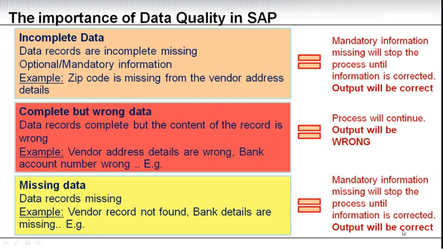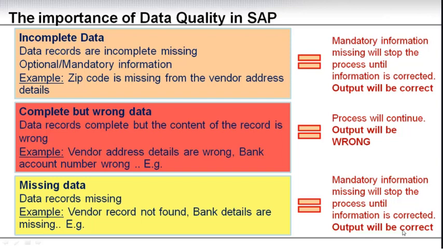Likewise, in the missing data, well, here if it's mandatory information, you will have the process to stop and you cannot process it any further until the information is corrected or provided. So vendor record you cannot process until the vendor record is created, and in this case you will have a delay, but the output will be correct.